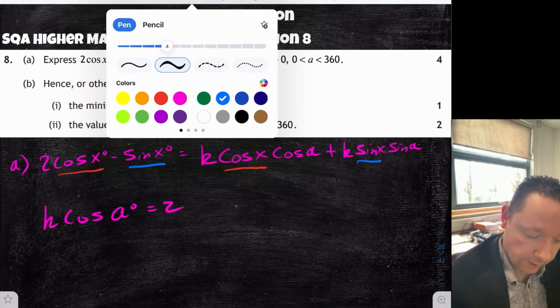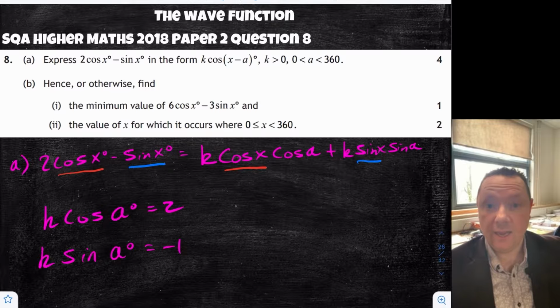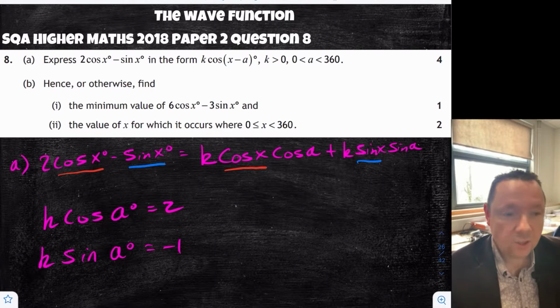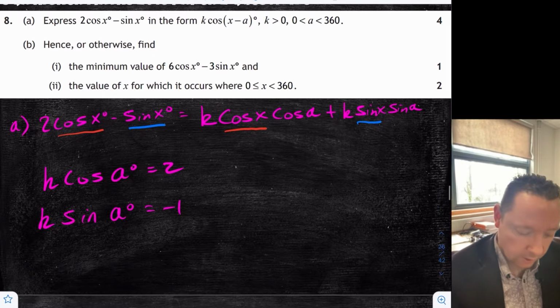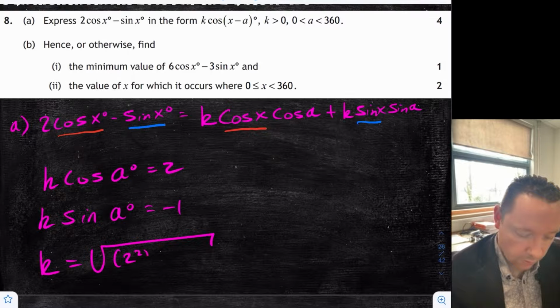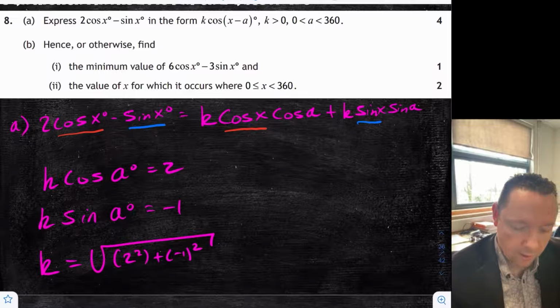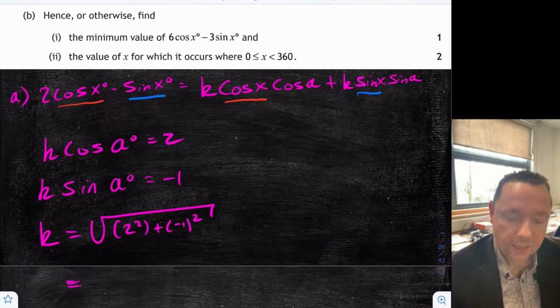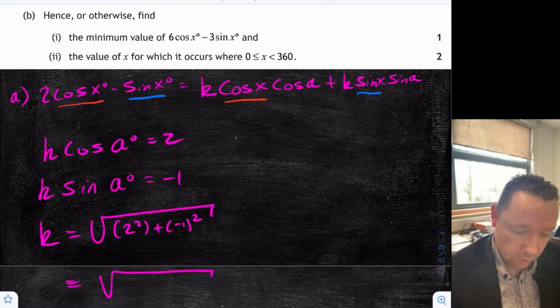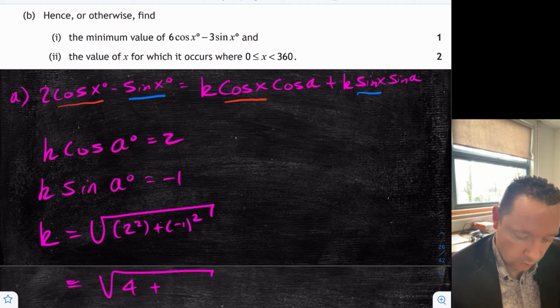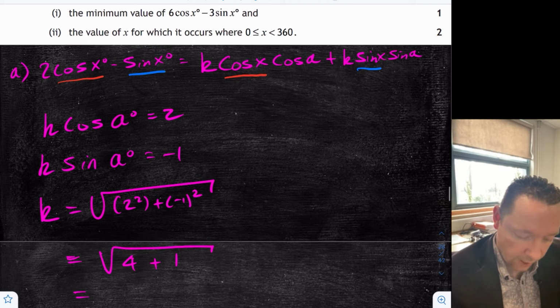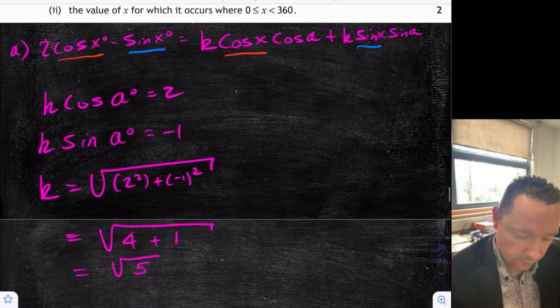So I can immediately write k sin a equals minus 1. And now we need to just get our k and get our a. So to get our k, because sin squared plus cos squared equals 1, you can just write straight away that k is the square root of 2 squared plus minus 1 squared. Just like Pythagoras. That's the square root of 2 squared is 4 plus 1 squared is 1. That's root 5. So our k is root 5, and that's simplified.